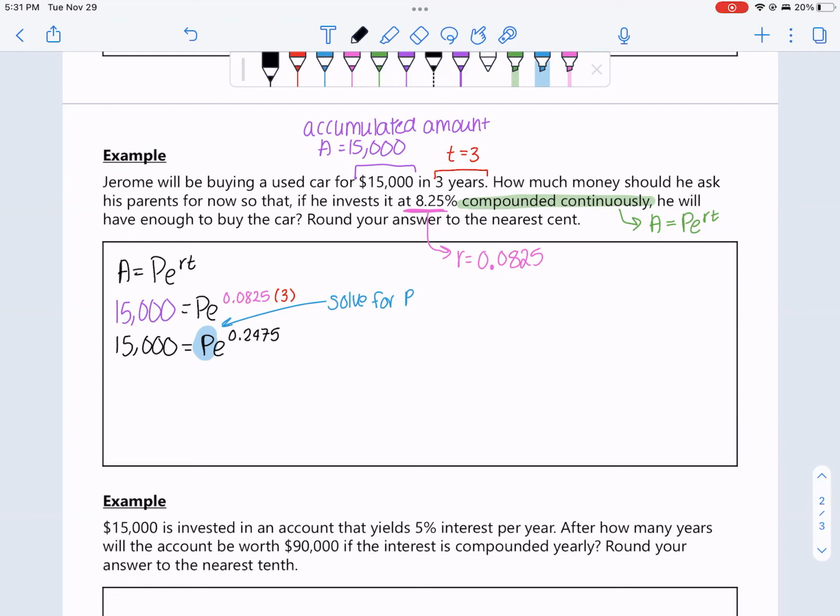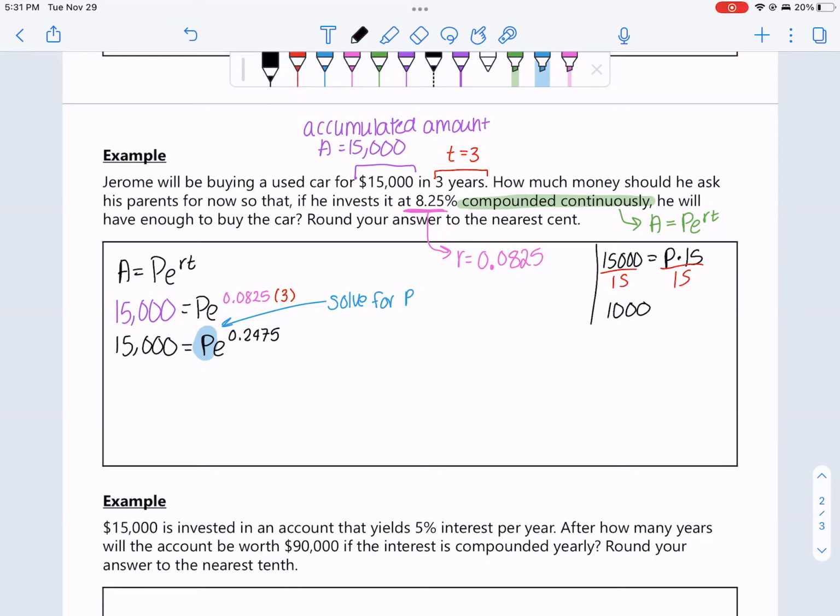If I showed you instead, off to the side here, 15,000 is equal to P times 15, and I asked you to solve for P, you would have no problem. You'd say, I'm dividing both sides by 15.